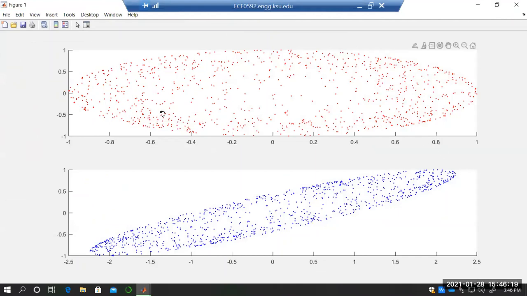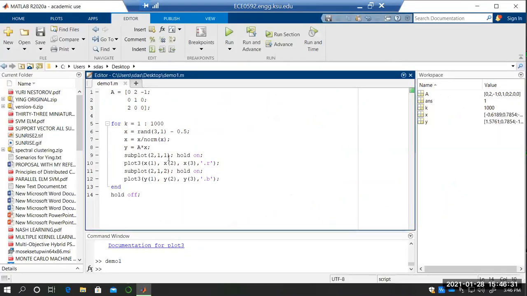So plot3, why did it plot in 2D? Well, first of all, it should be 1, 2.